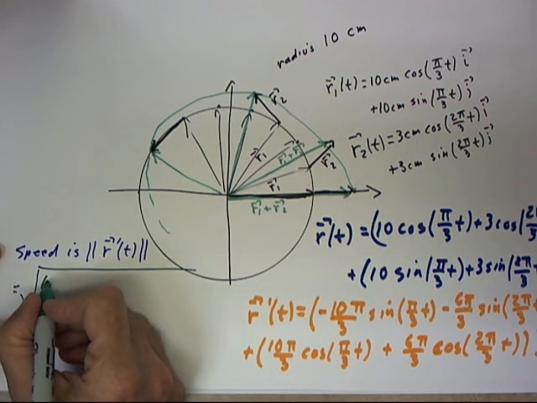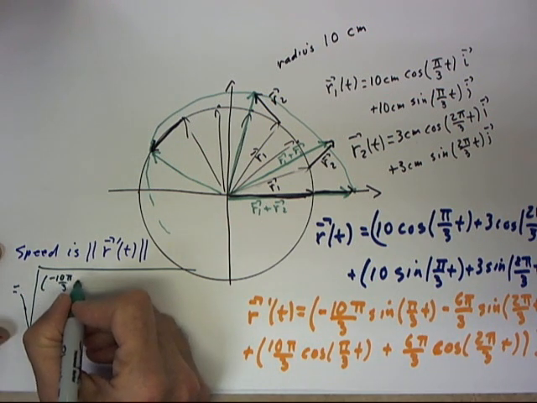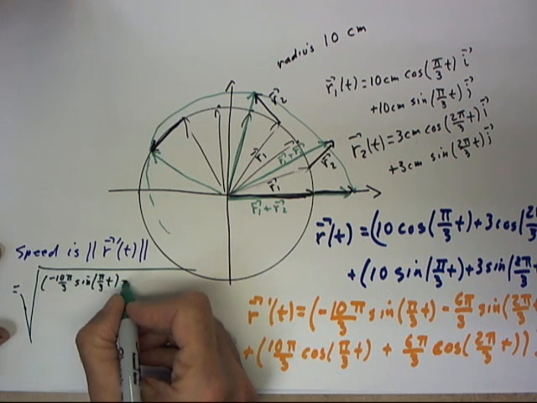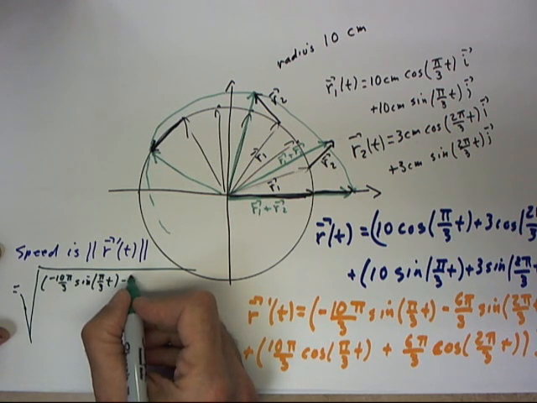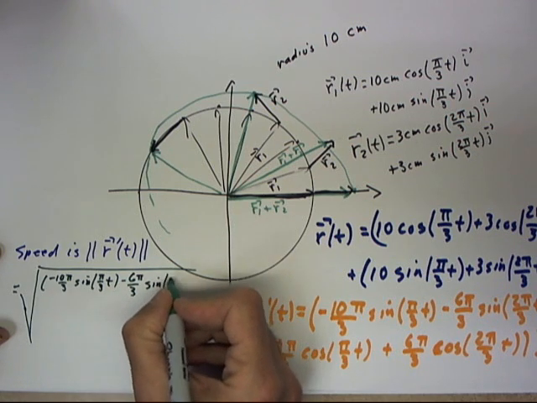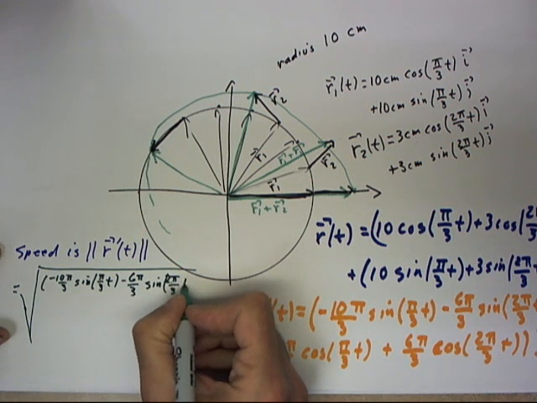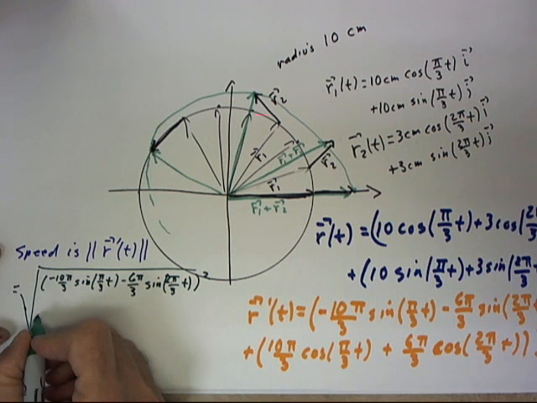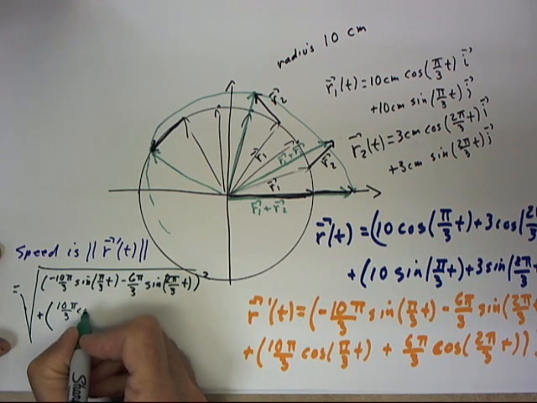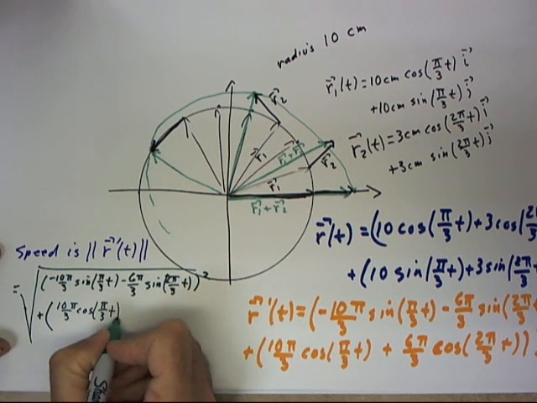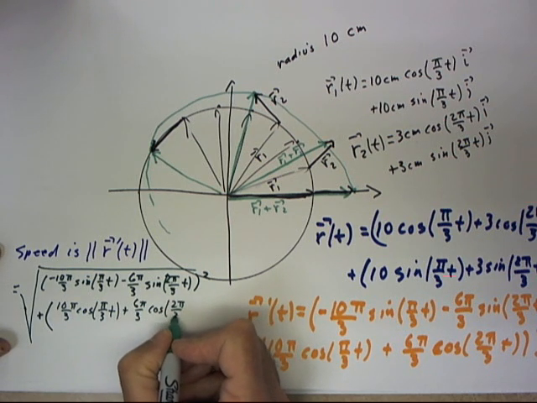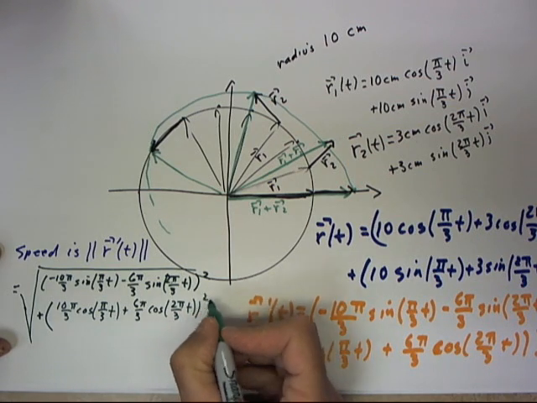This is going to be negative 10 pi over 3 sine pi over 3 t minus six pi over 3 sine of 2 pi over 3 t quantity squared plus quantity 10 pi over 3 cosine pi over 3 t plus 6 pi over 3 cosine of 2 pi over 3 t quantity squared.